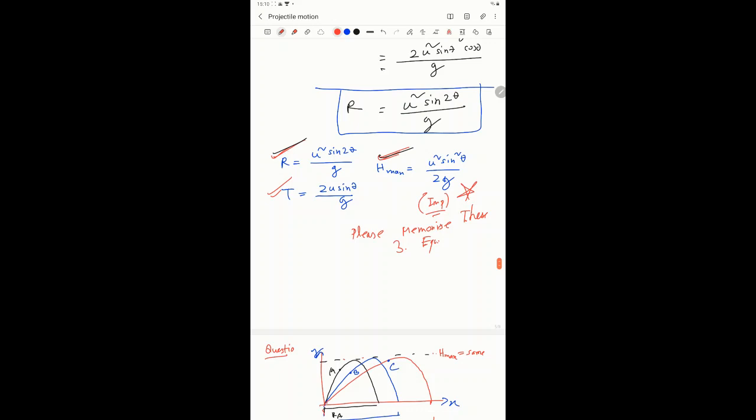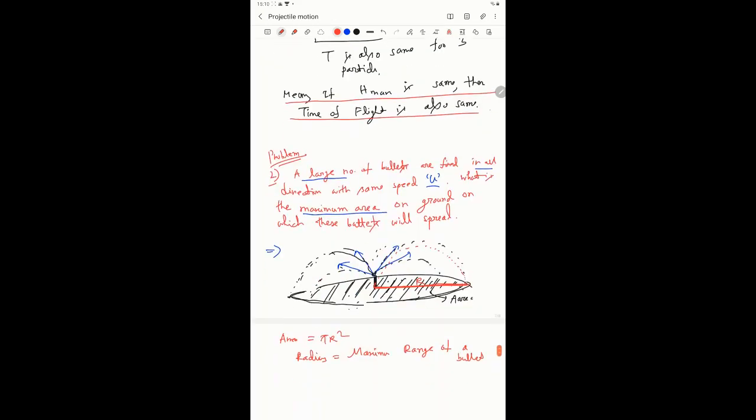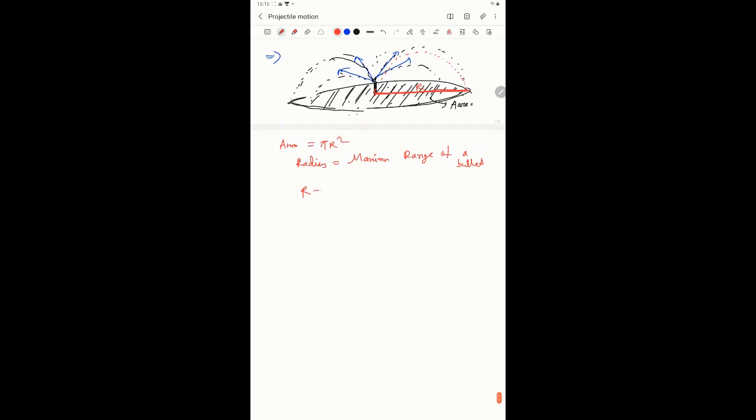Now we know the formula, range R equals u square sin 2 theta by g. All bullets are fired with the same speed u, so u is same for all bullets, but theta varies.